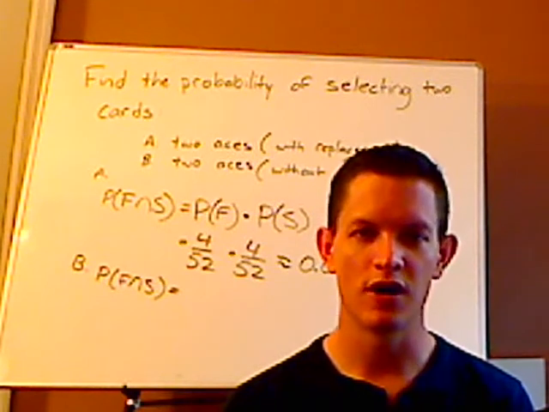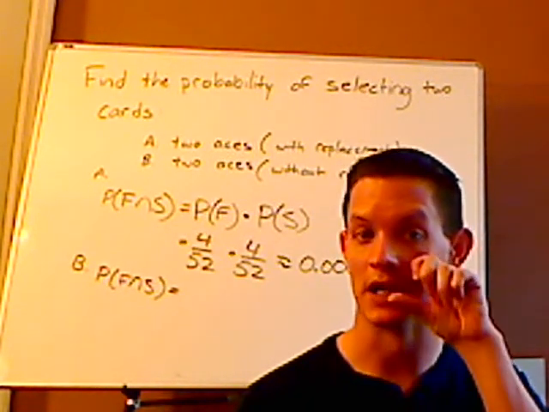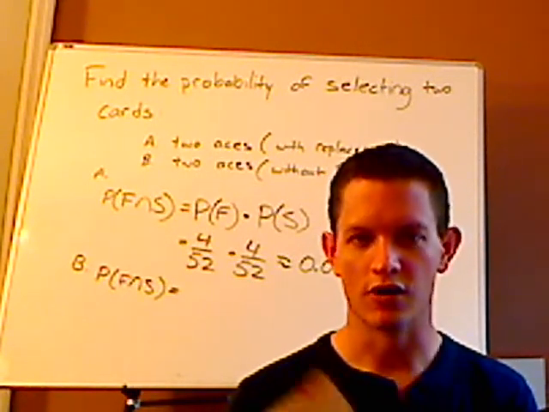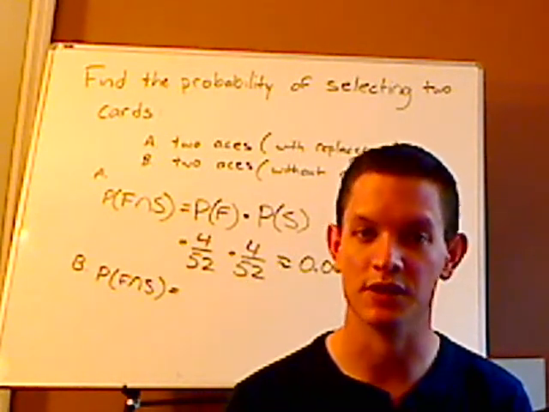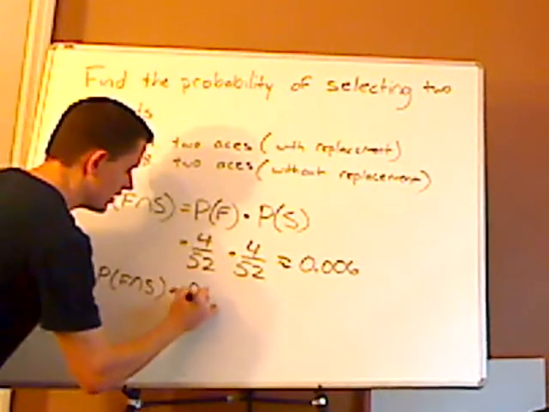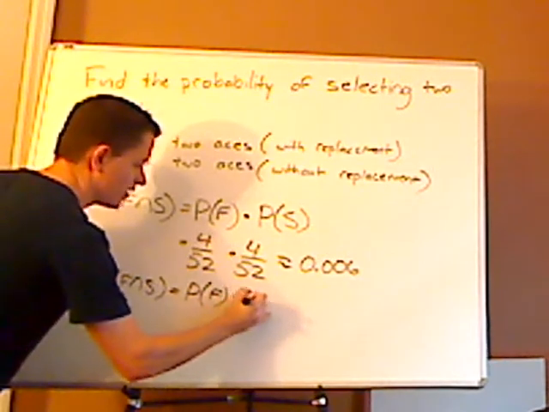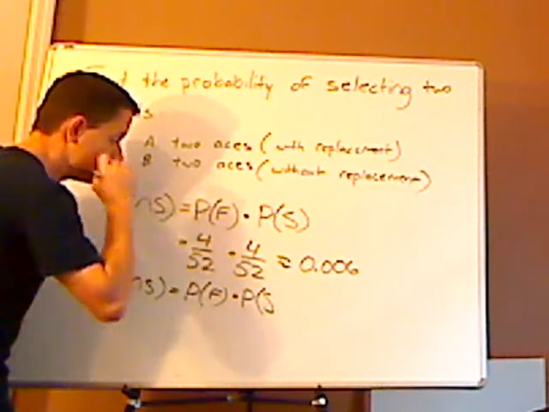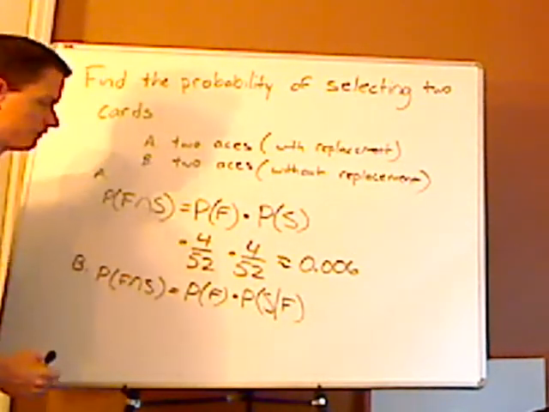So the probability of the first card is going to be the same. That scenario is not changing. What occurs is F has already happened, so they're actually dependent. So you have the probability of F, and the probability of S, selecting the second card, given that F has already happened.